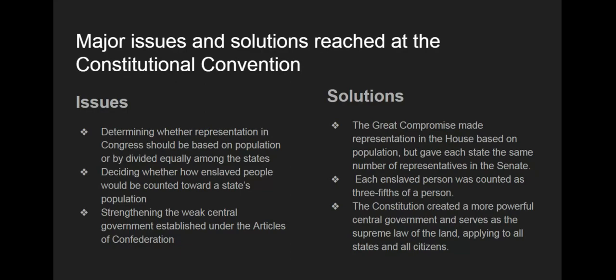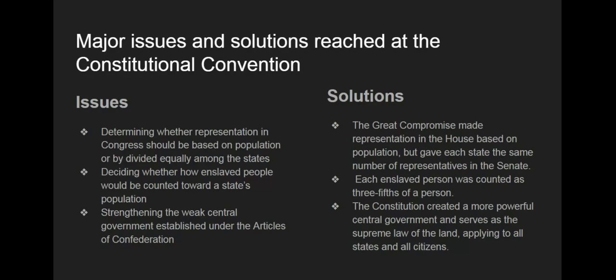Now, some of the issues they were dealing with at this constitutional convention was determining whether representation in Congress should be based on the population of a state or if it should be divided equally among all the states. Deciding whether or how enslaved people would be counted towards a state's population.